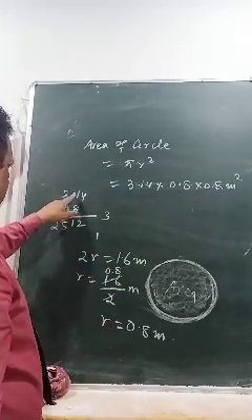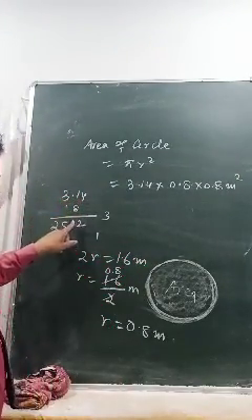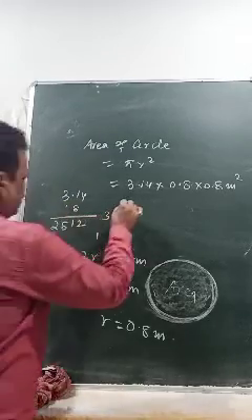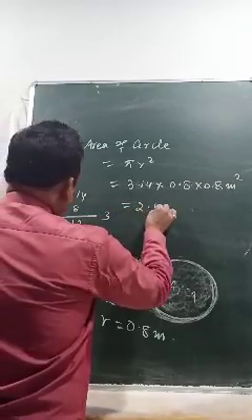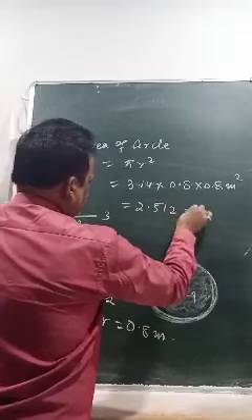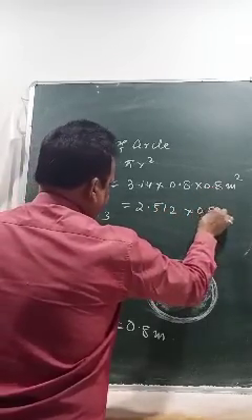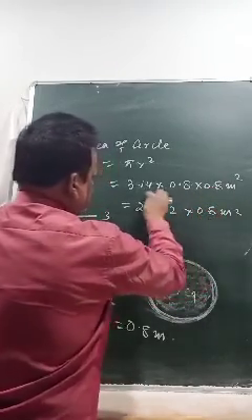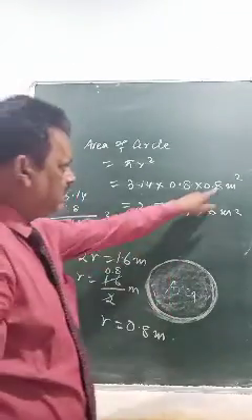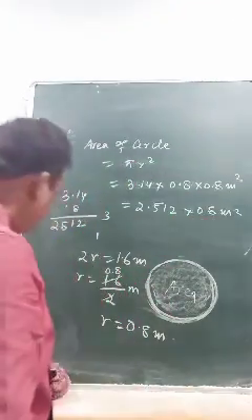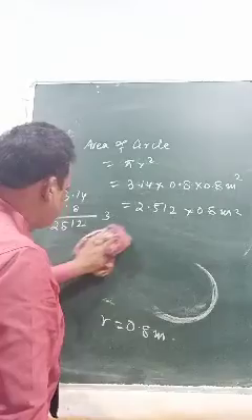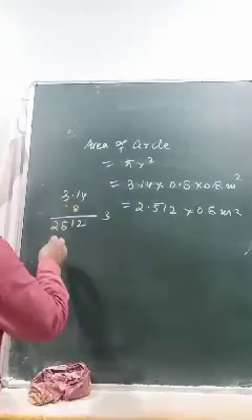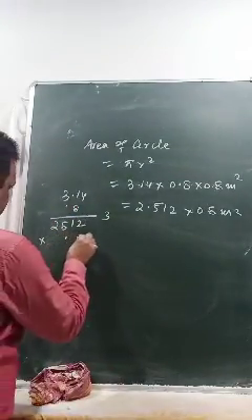After decimal, 1 2 3, put the point here. It became 2.512. Then one more 0.8. Again multiply by 0.8.